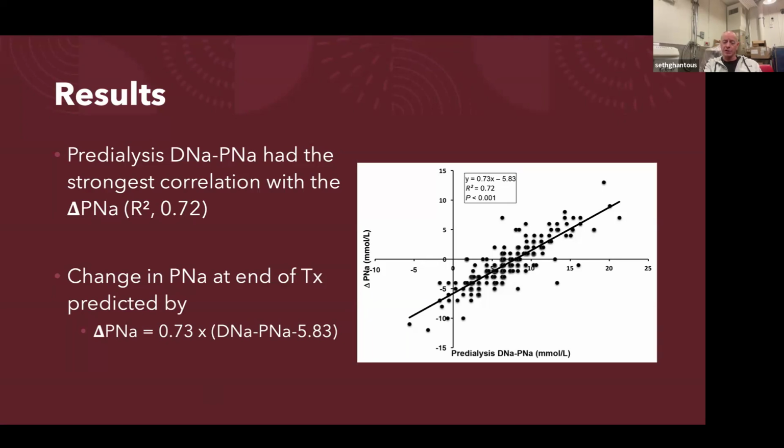This is where the idea that the gradient needs to be about 8 came in, because as you can see on this graph, that's where the line crosses for isonatricity, if you were not having any change in the patient's sodium over the course of the therapy.